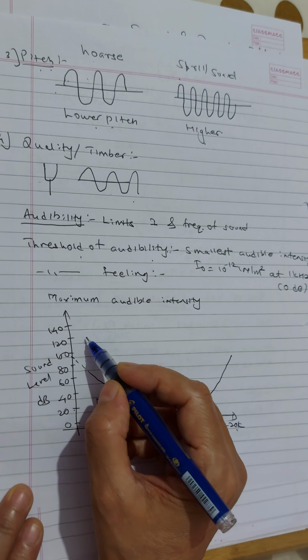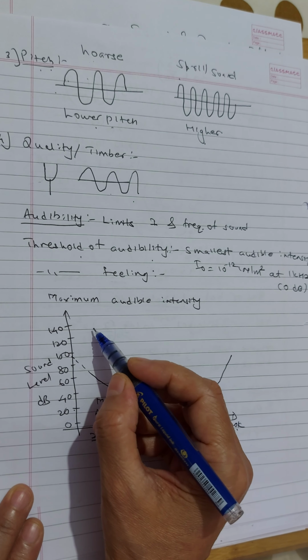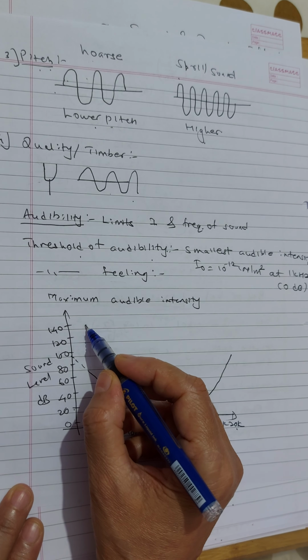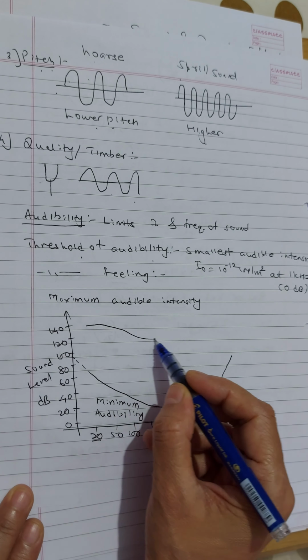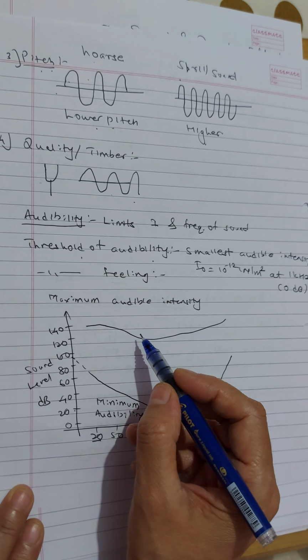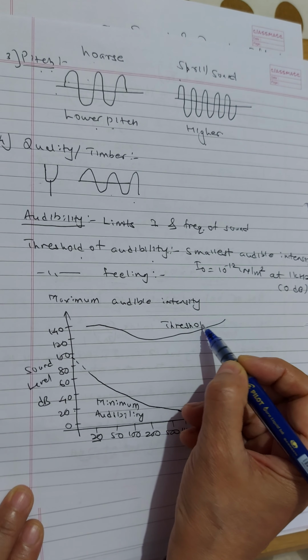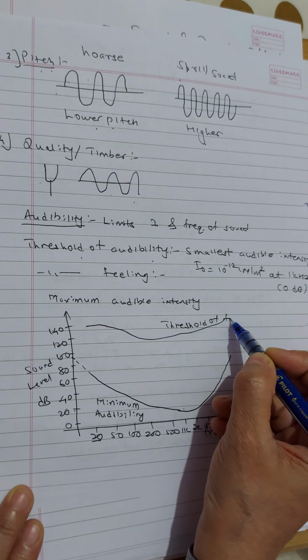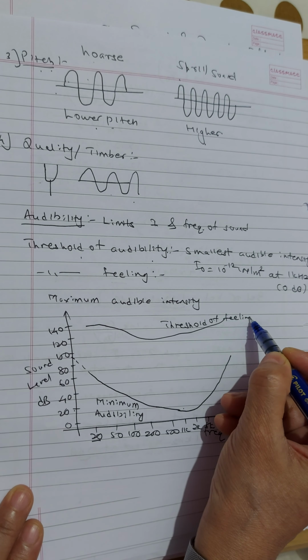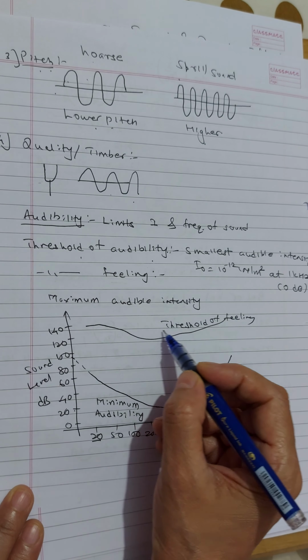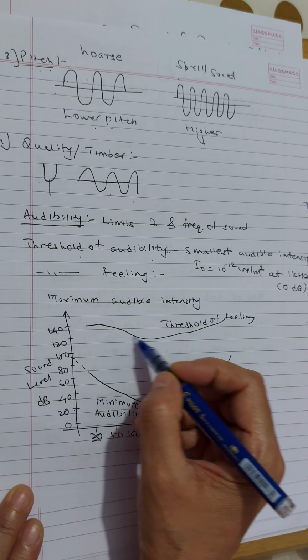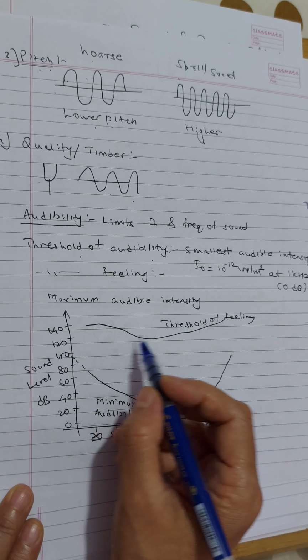So maximum 120 is the way we can show over here. So here I can show this is my threshold of feeling. Usually this is a little straight, but some pitch can be there. So maximum part is over here.